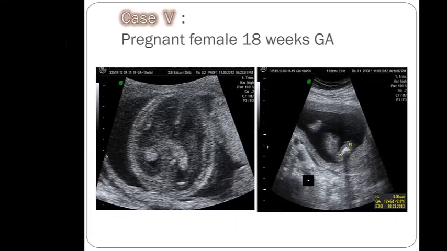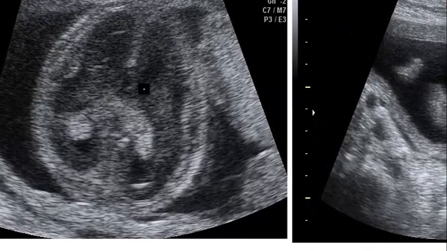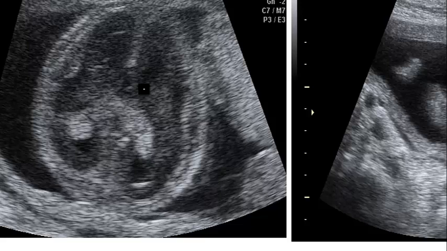So we have here dysplasia: short femur equals dysplasia. Dysplasia with normal bone ossification or dysplasia with low bone ossification, this is important. So this is dysplasia with low bone ossification. And there is an important feature here: we have blood inside the ventricle.